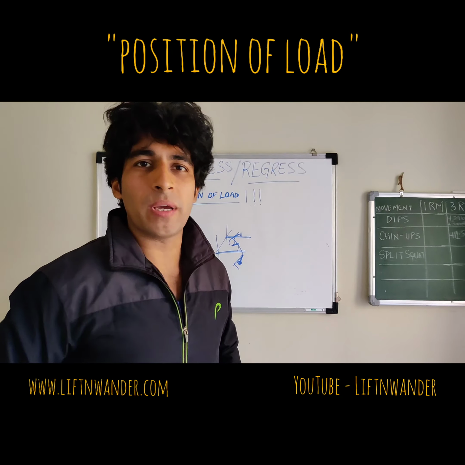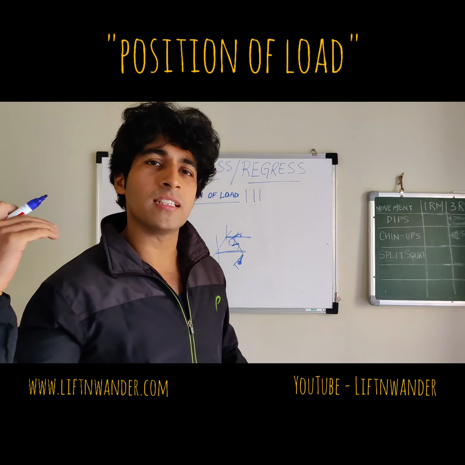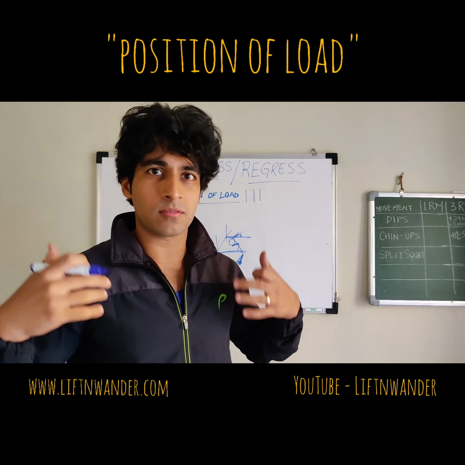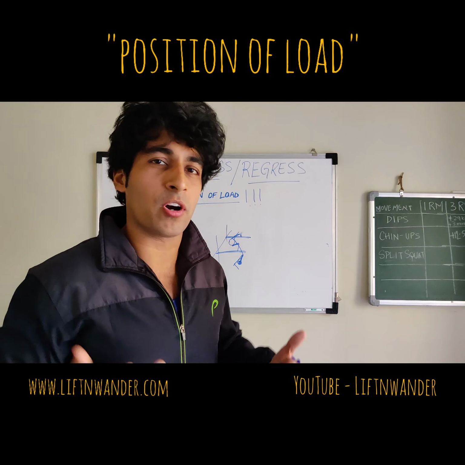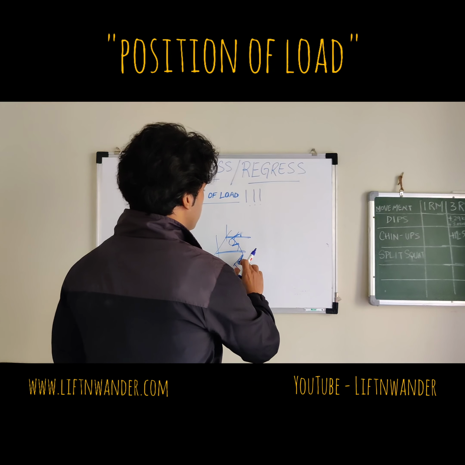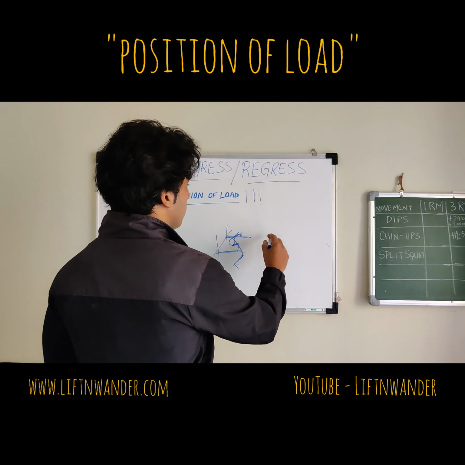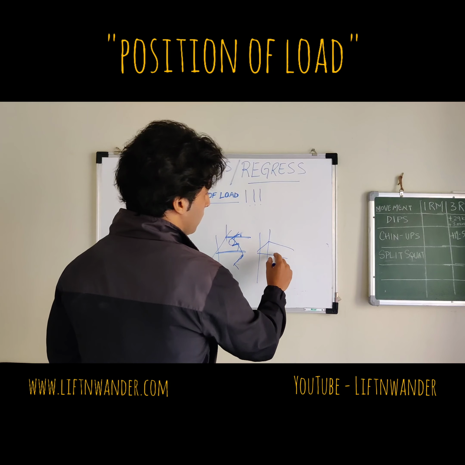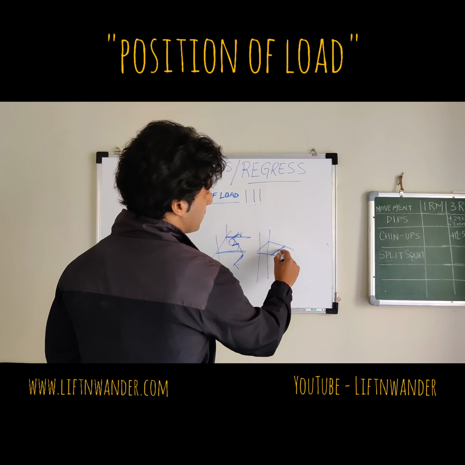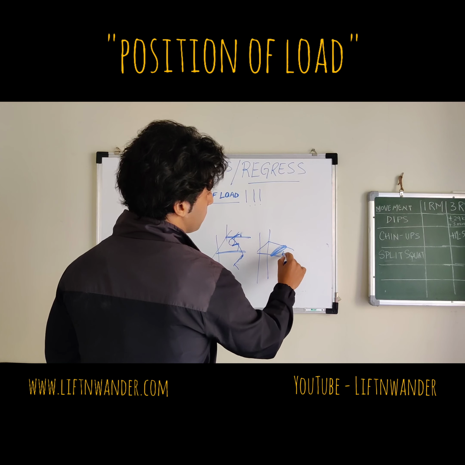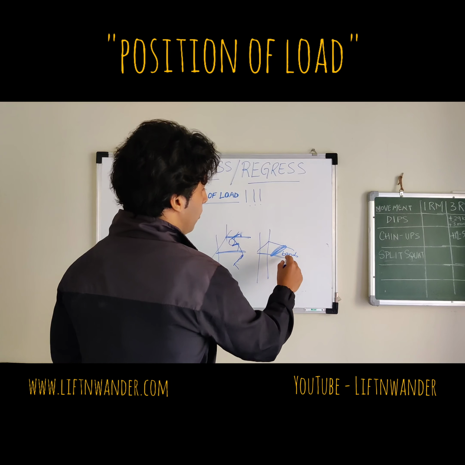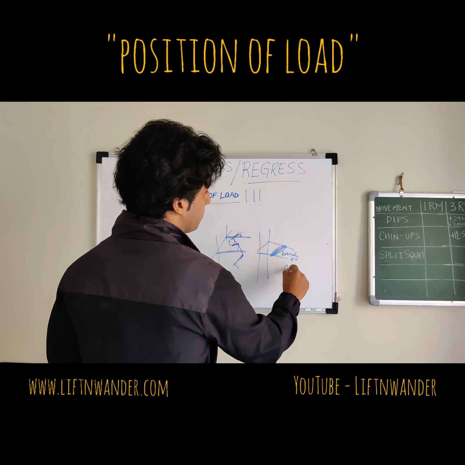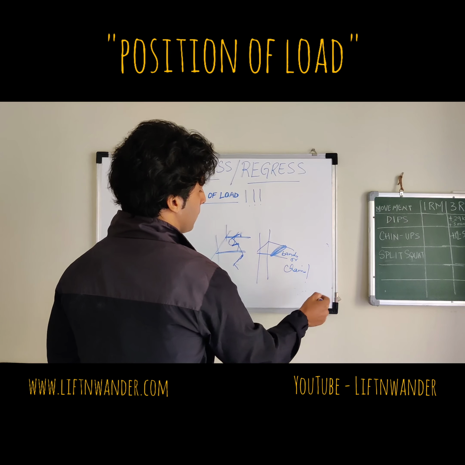Instead of loading on the waist, we load it on the neck, to emphasize more of the upper body. So instead of loading here, we add band loops here, or we use a chain on the neck.